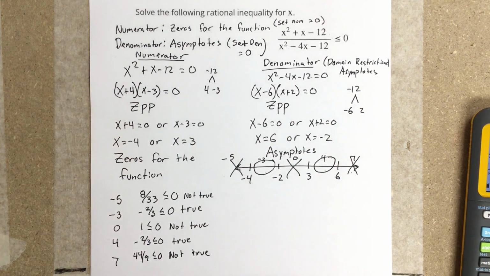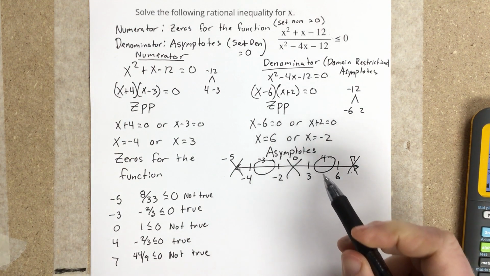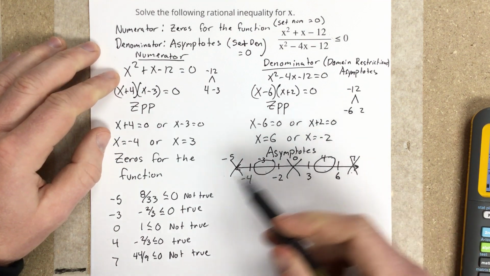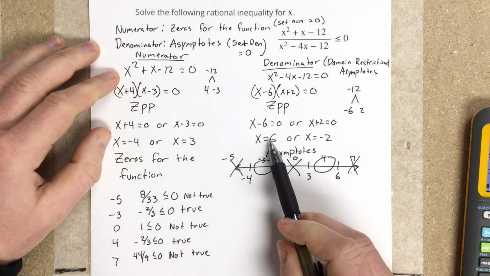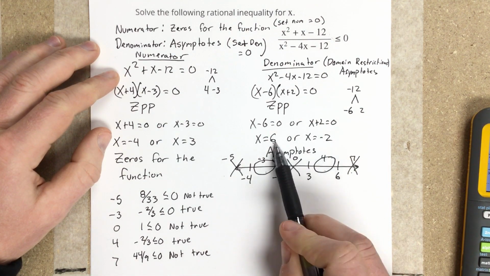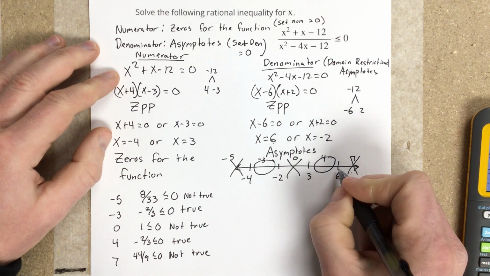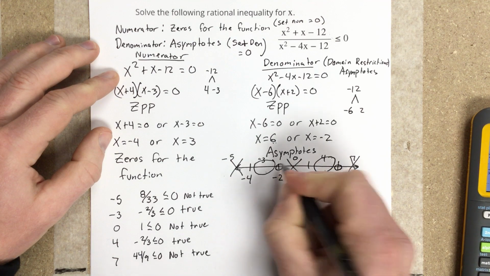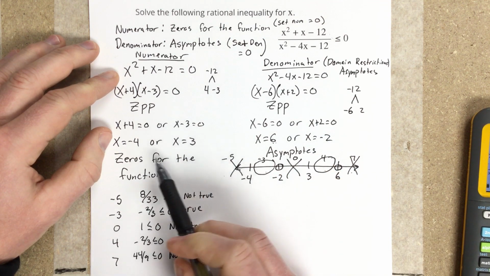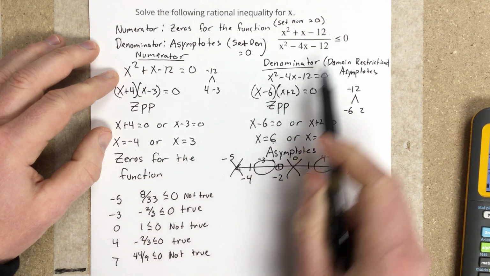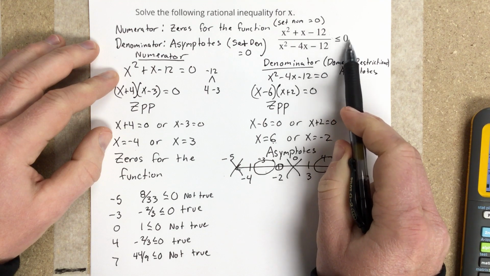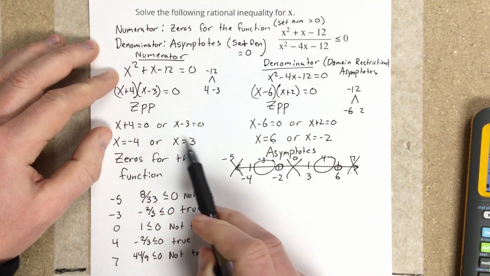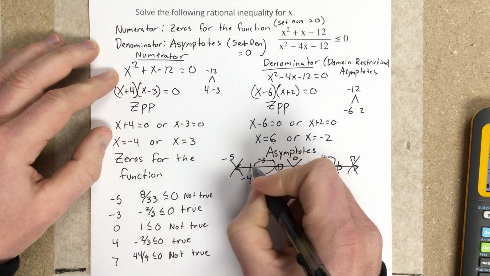Now let's go through and figure the rest of this piece out with interval notation. So first of all, if you have asymptotes, these are domain restrictions. So 6 would be an open dot, and -2 is also an open dot. Because these are zeros for the function, and we have less than or equal to, meaning we can equal 0, then these two numbers can be solutions.